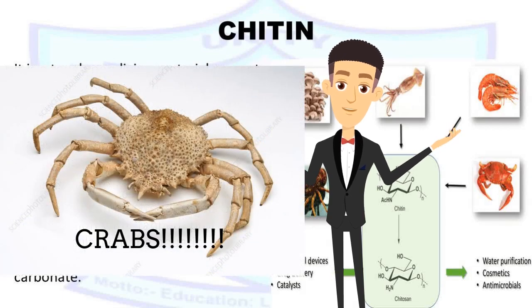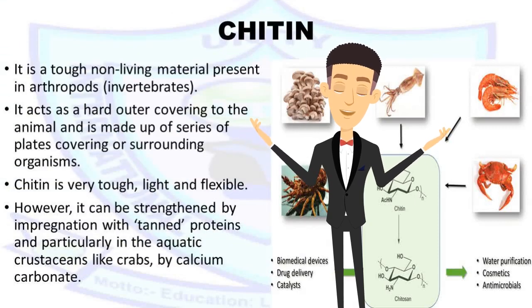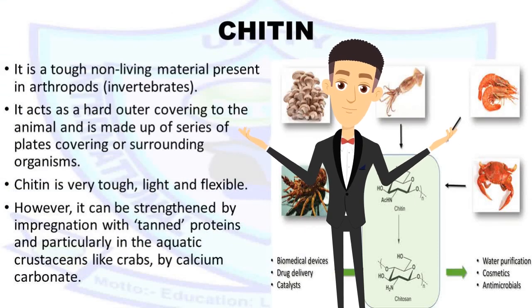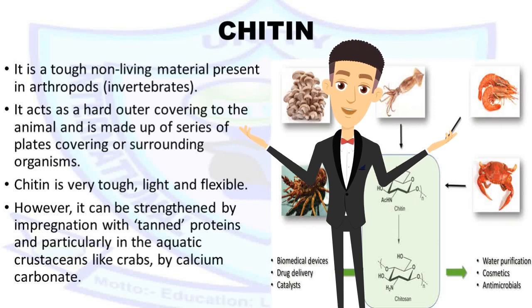It acts as a hard outer covering to the animal, and is made up of series of plates covering or surrounding organisms. Chitin is very tough, light and flexible.